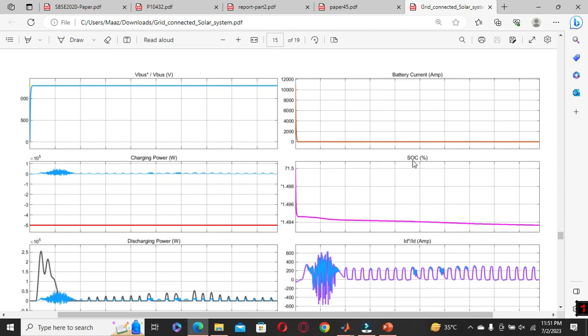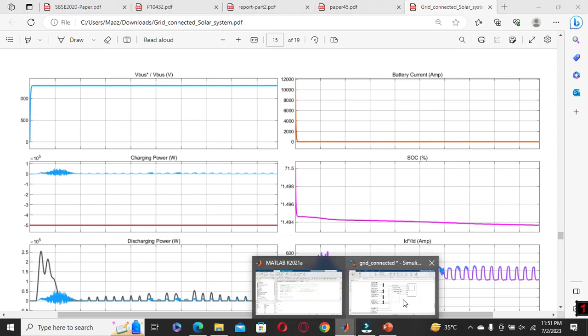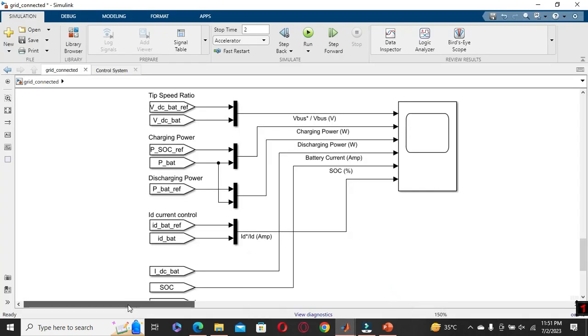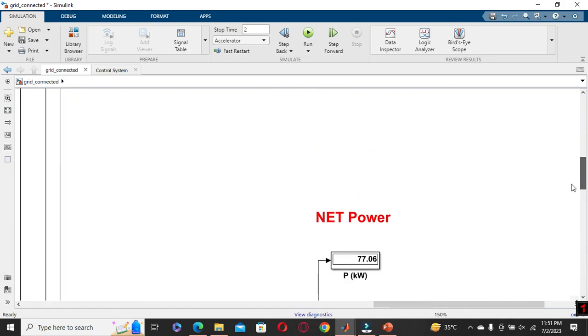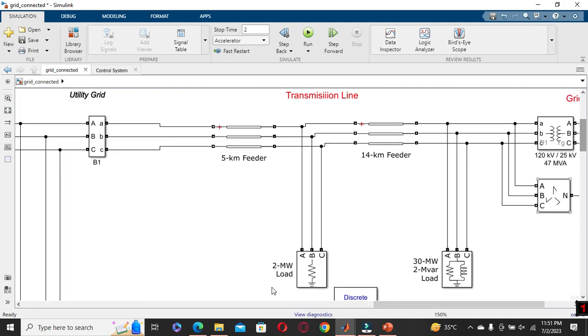So here you can see SOC is the state of charge. Initially our battery is 71.5% charged, right? So what I did, I took only one graph here for the discharging. You can also take it as a charging. What I did is I entered a much larger load, let us say 200 megawatt.